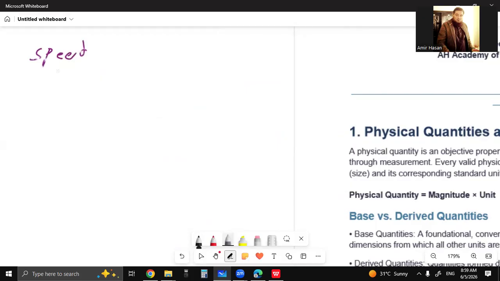When we represent speed, we use a number and a unit, just like 20 kilometers per hour. Now, 20 kilometers per hour means this physical quantity of speed is represented here with a number and its unit. These two are involved. Here, I'm describing it in my notes, so you can check.